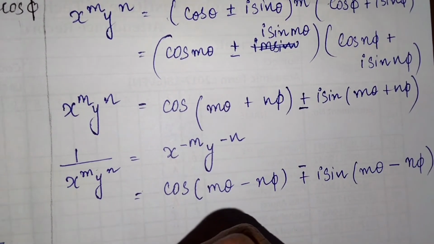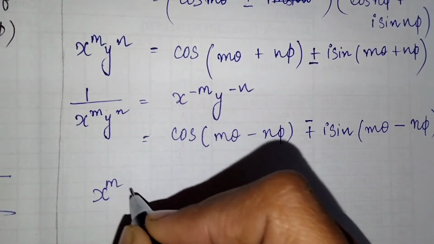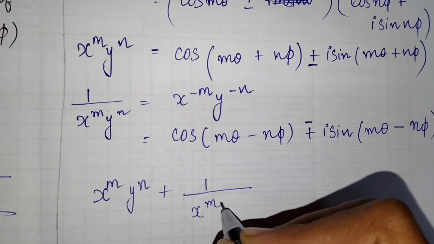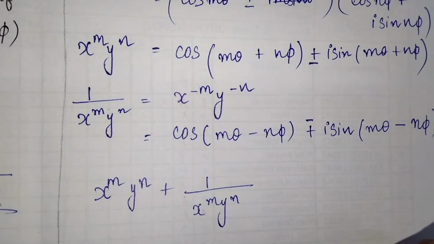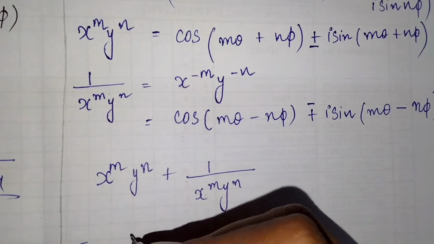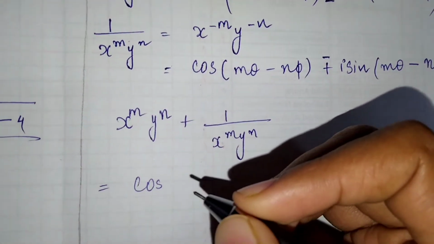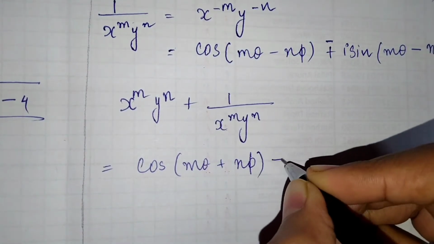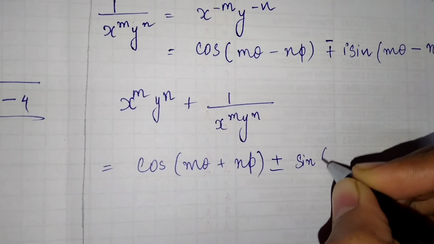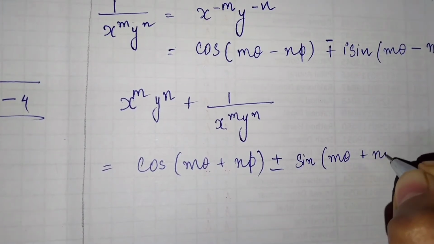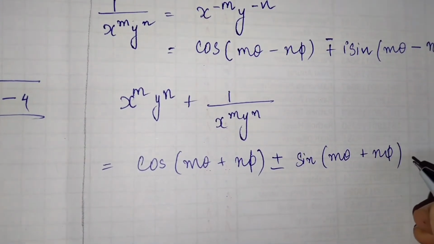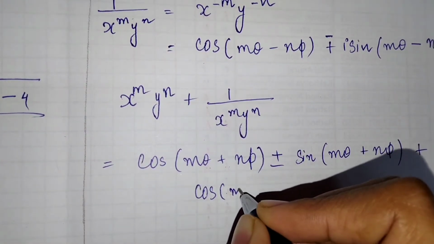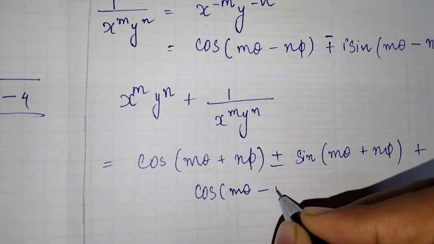So if we add them, then we will get x raised to m, y raised to n plus 1/x raised to m, y raised to n, કરીએ આપણને શું મળે, બંનેને એડ કરવાના છે. cos (m theta plus n phi) plus or minus sin (m theta plus n phi) plus cos (m theta minus n phi).